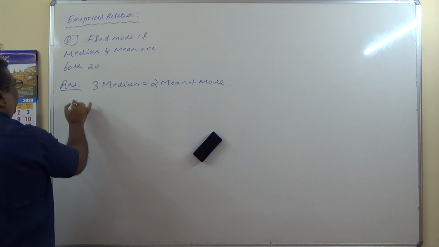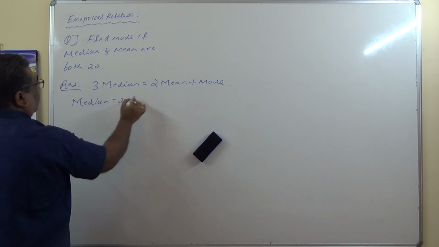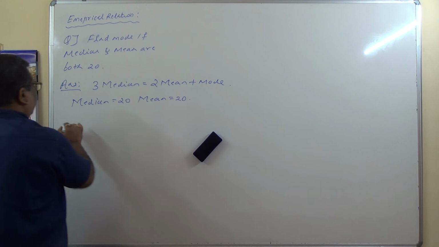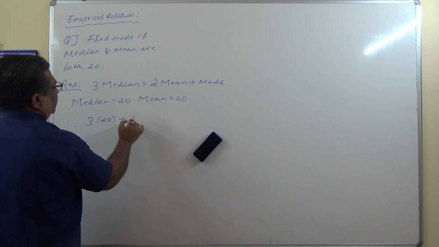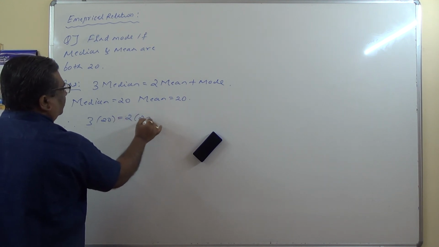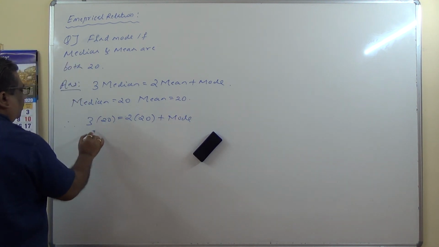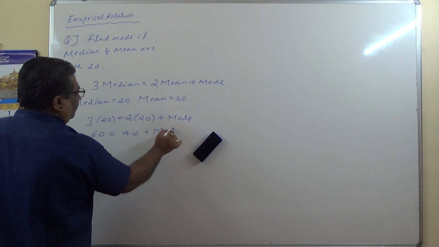So here median is equal to 20, mean is also equal to 20. Therefore 3 times 20 is equal to 2 times 20 plus mode. So 60 is equal to 40 plus mode.